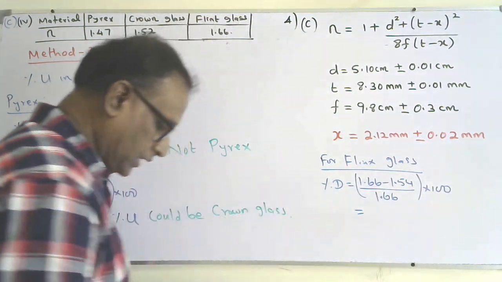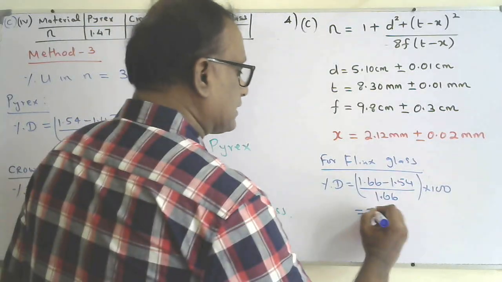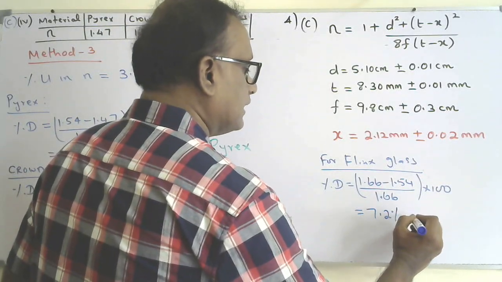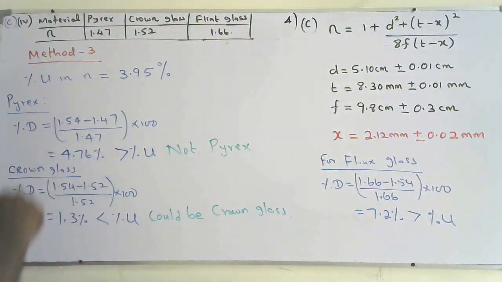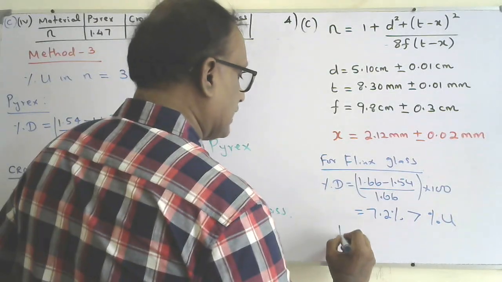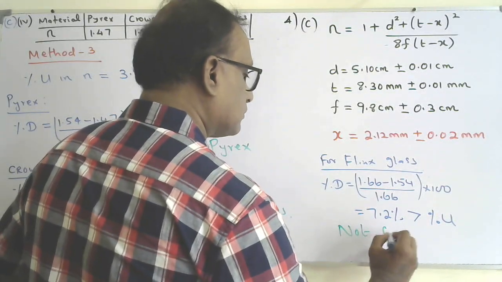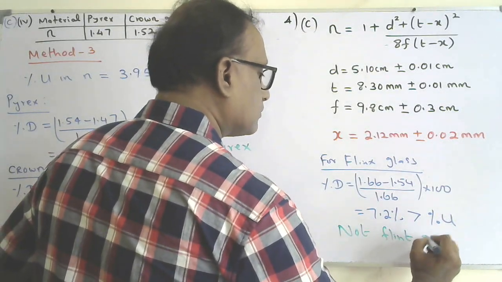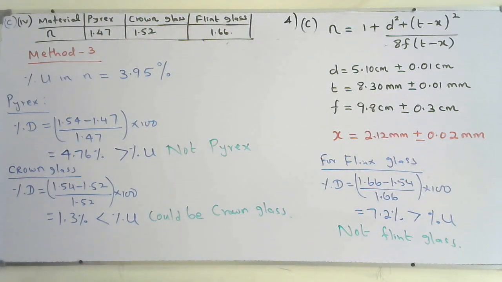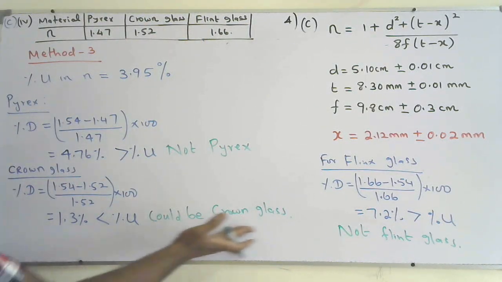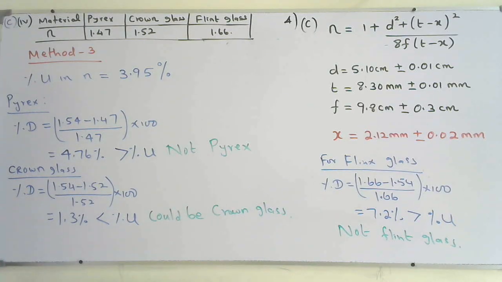That will be 7.2%, which is greater than the percentage uncertainty, which is 3.95%. So that surely says it is not flint glass. See, the third method also gives the same answer. The lens is made of crown glass.